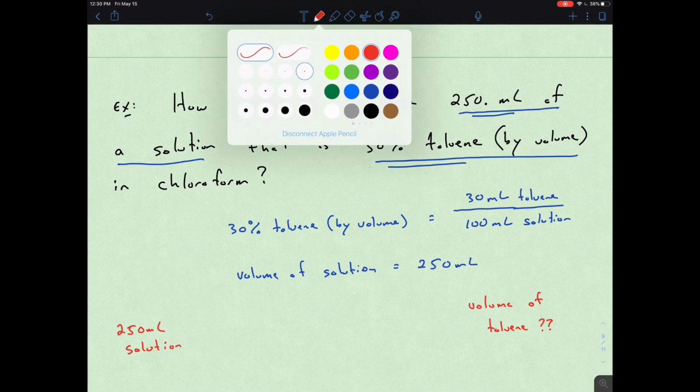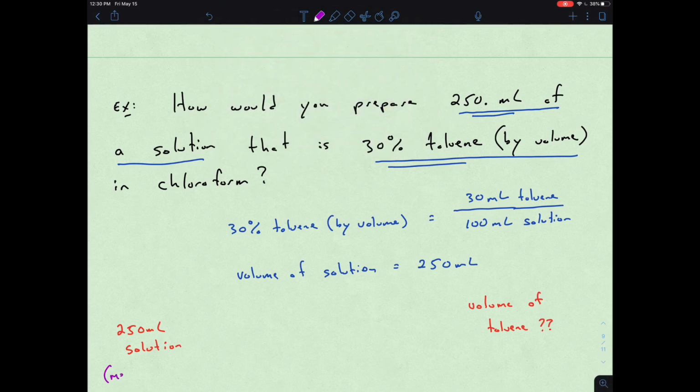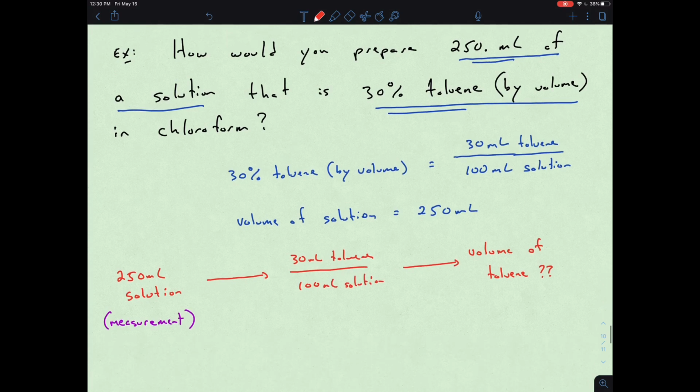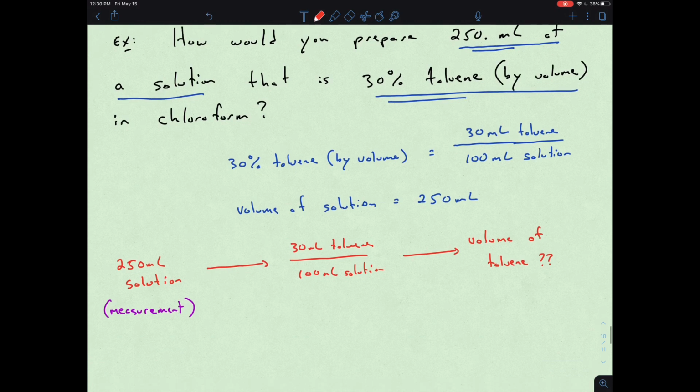Remember, that's where we like to begin. What we need is a conversion between those two, and that's where the 30% is going to come into play, to allow me to make the connection between those two.